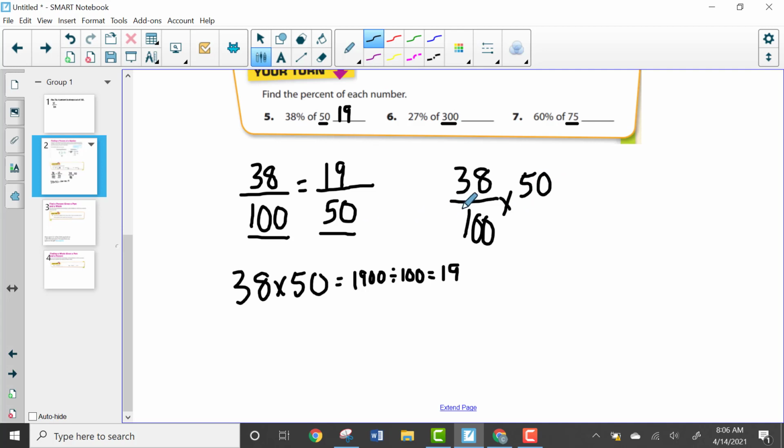If you want to make this easier, remember whenever we take a percentage and turn it into a decimal, we move that decimal 2 places to the left. So 0.38 times 50 would give you 19 as well. Those are all the different ways that you could solve that problem: setting up as a proportion, or taking that percent into a decimal, and then multiplying it by that number.